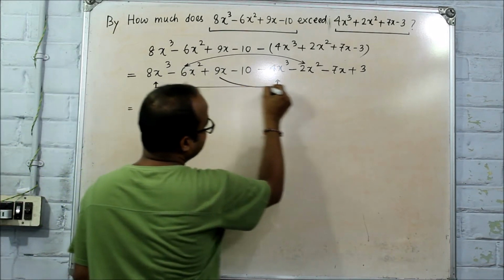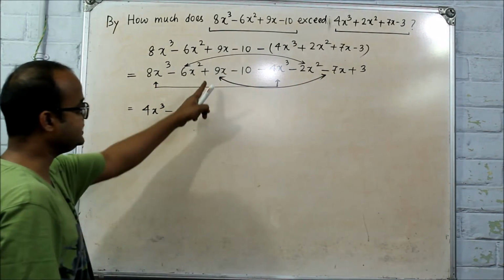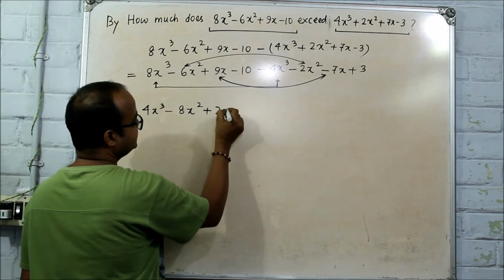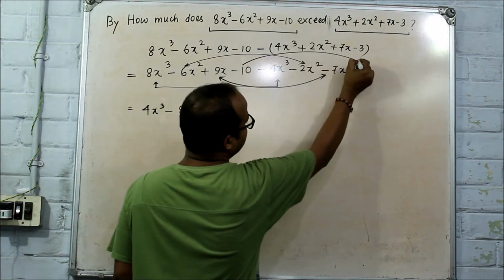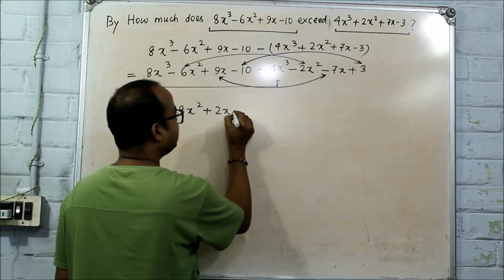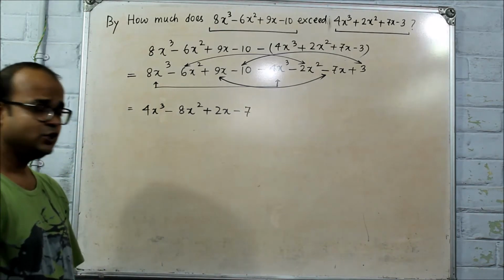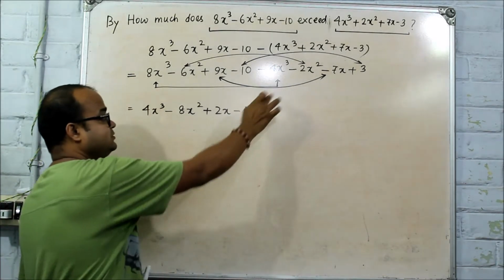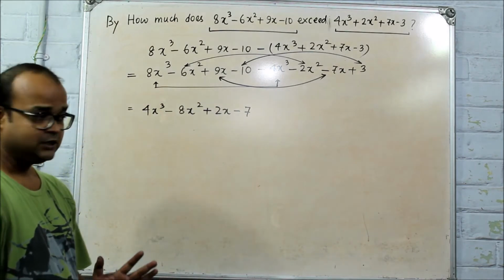Plus 9x minus 7x: opposite sign, subtract, 9 is bigger, so the answer will be plus 2x. 9 minus 7, 2x. Minus 10 and 3, constants, like terms: minus 10 plus 3 means minus 7. Opposite sign, so we subtract. 10 minus 3 is equal to 7, 10 is bigger, so the result will be minus 7.